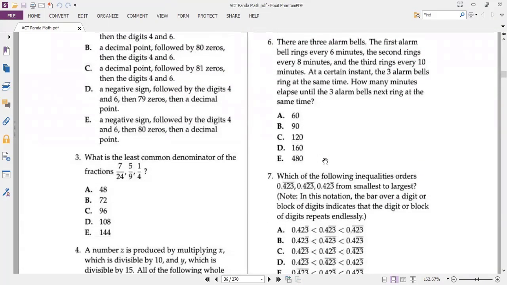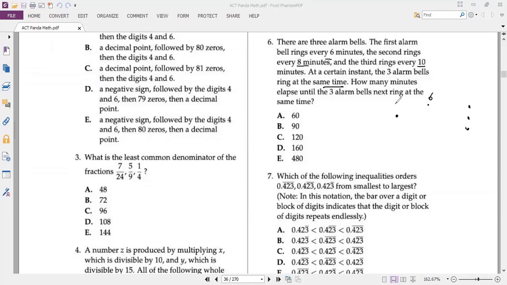Number 6, there are 3 alarms. The first alarm rings every 6 minutes. The second one rings every 8 minutes. The third one every 10 minutes. They start altogether at the same time. So when 6 minutes pass, the first alarm rings.